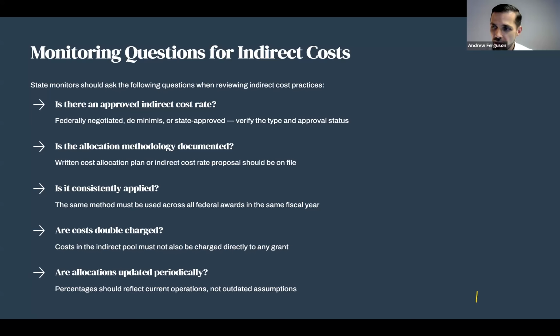Hopefully not, but you want to make sure that these cost allocation plans are being updated regularly. It's really important for the health of the agency, so that their cost allocation can match their current operations.